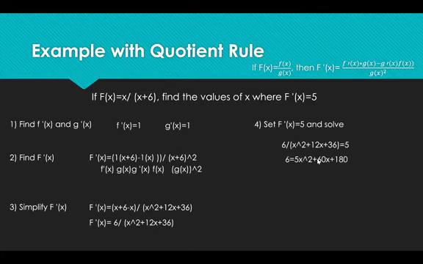Okay, so we're going to multiply this entire quadratic over to both sides of our equation. So we're going to end up having 5 times this, and if simplified is going to be 5x squared plus 60x plus 180.